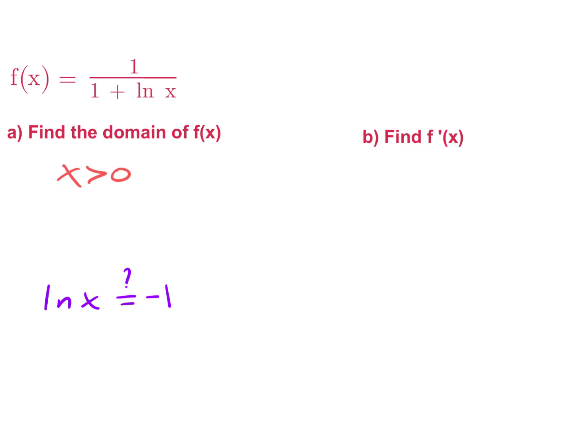Because if it can, then this becomes 0, and that would be a value we'd have to exclude. Well, I think it's fairly obvious what that is. It's just e to the -1, right?